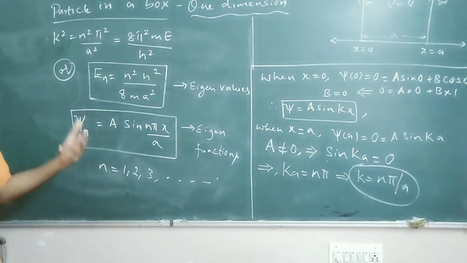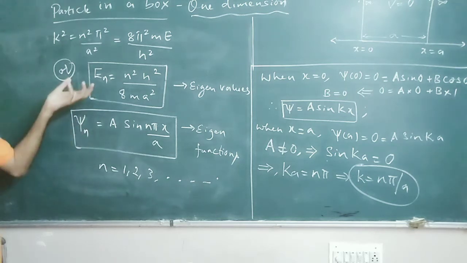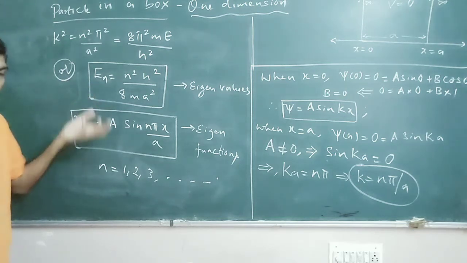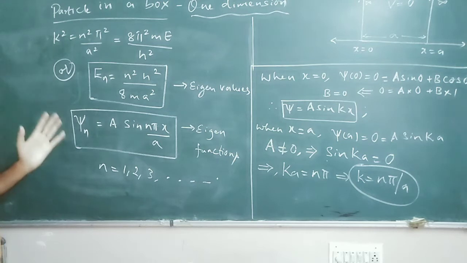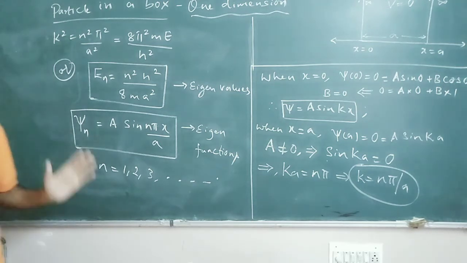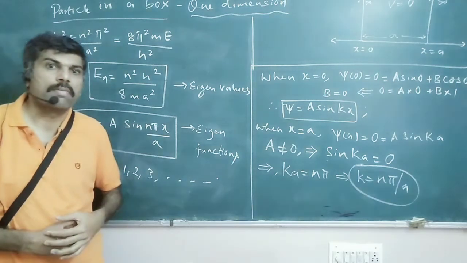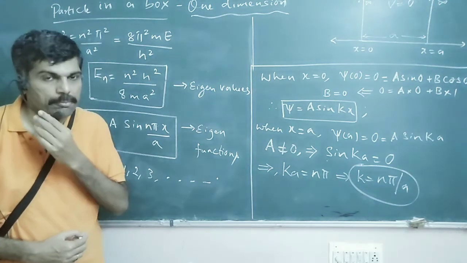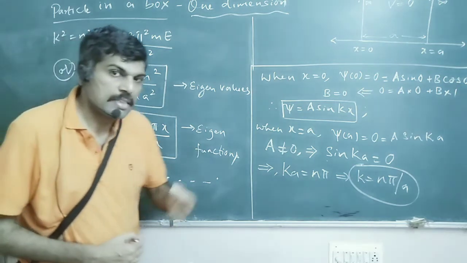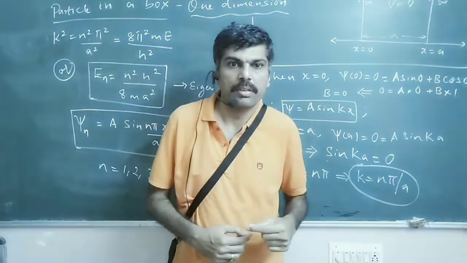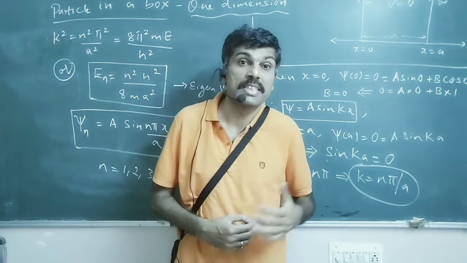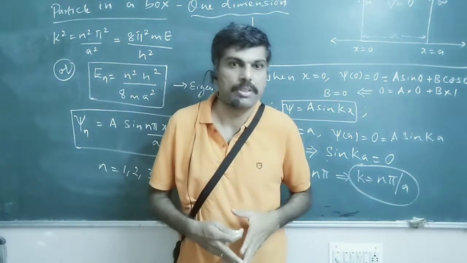I'll be explaining the meaning of psi n and En in detail in the next 5 to 10 minutes. But very quickly let us understand that we have solved the Schrodinger equation. When you solve the Schrodinger equation, the solution is the wave function psi, which is itself an equation.